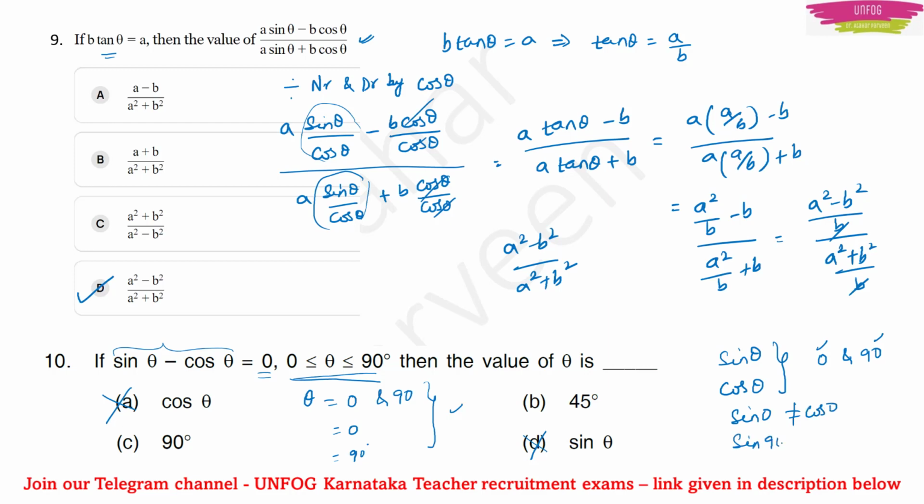Sin 90 is not equal to cos 90, because if they were equal, the answer would be 0, right? If sin theta and cos theta are equal, the answer will become 0. Okay. Another point here will be that sin 45 is equal to cos 45. This is equal to 1 by root 2. So if this is 1 by root 2 and this is 1 by root 2, your answer will be 0. So the answer will be 45 degree. So theta should be 45 degree. Okay.